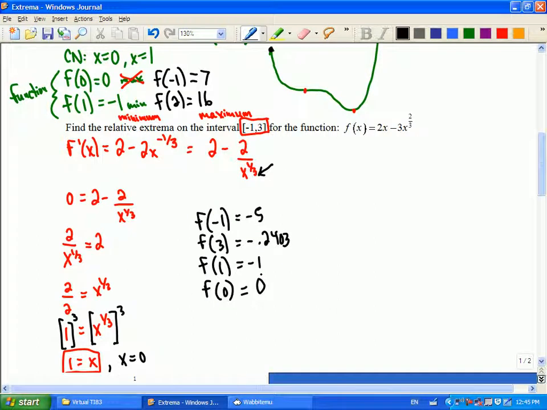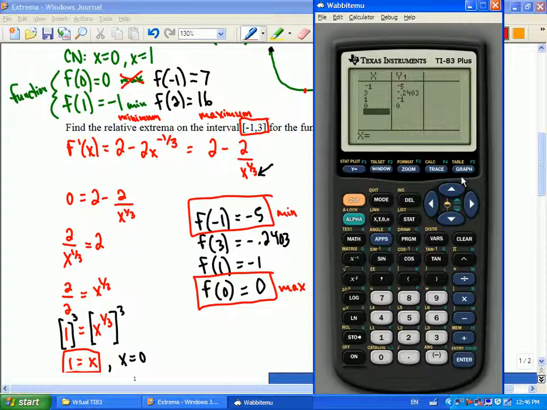So according to that theorem we just talked about, now I can tell you what the smallest value and the largest value are on that interval. This, without even looking at the graph, must be the minimum, and this must be the maximum. Okay. So let's go and verify that with the picture.